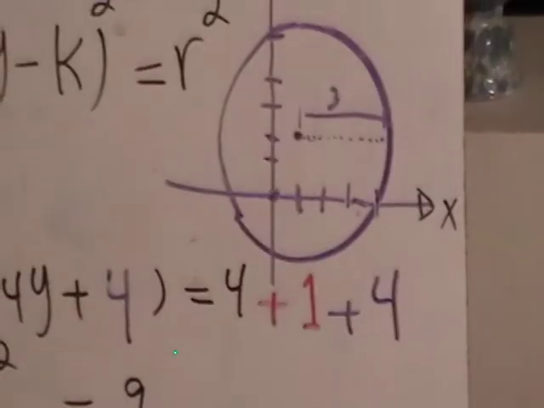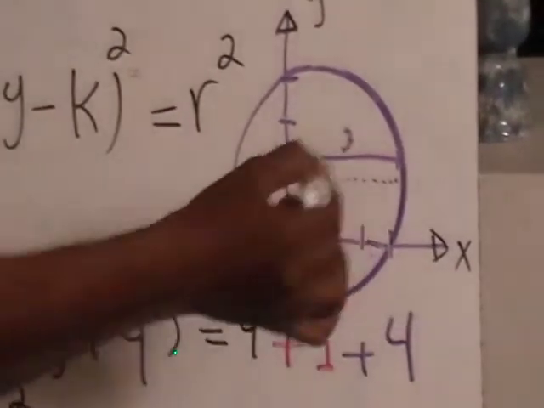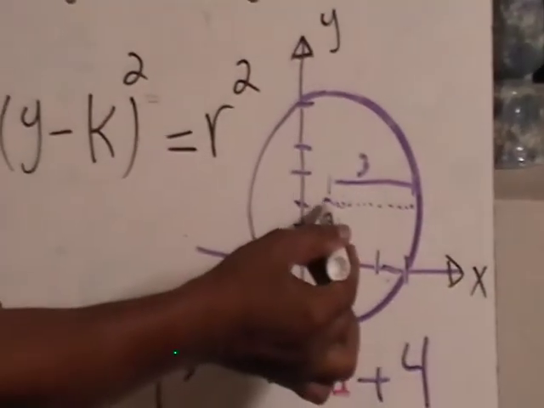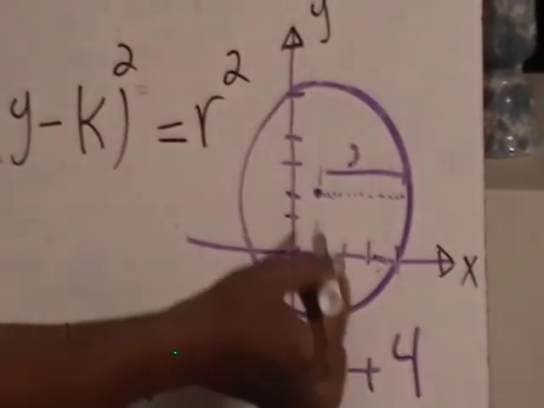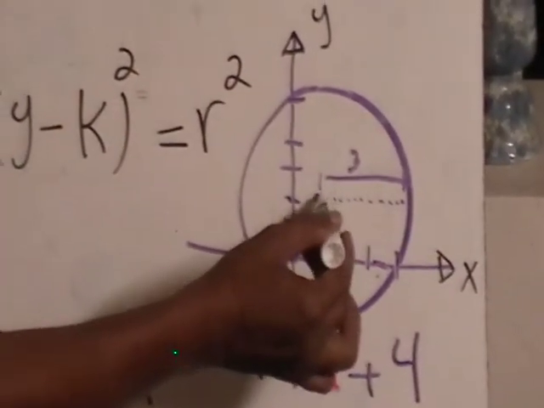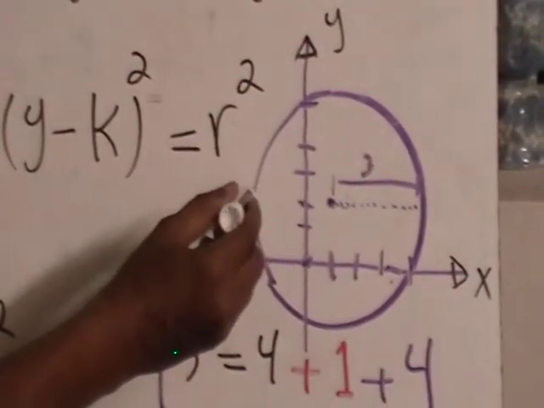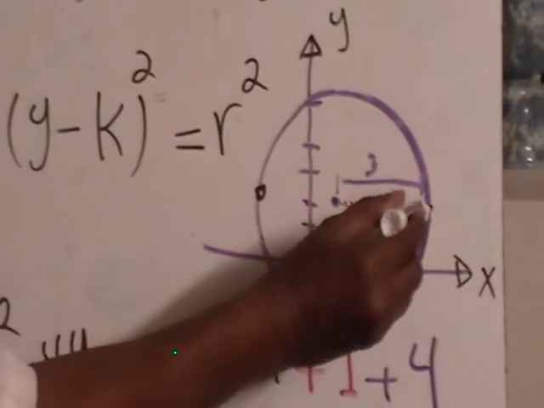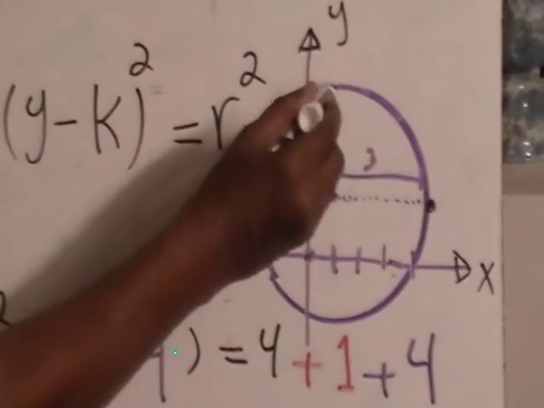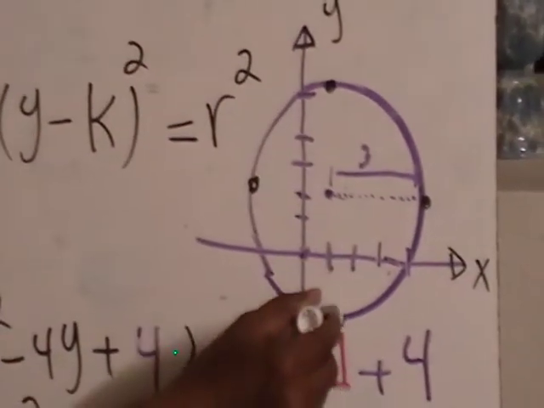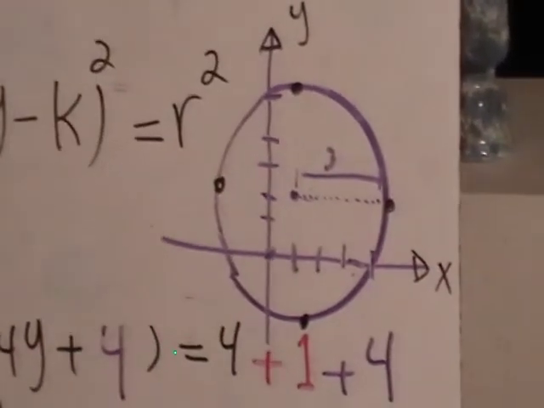So in order to graph the circle, which I already have for you here, I started by drawing the center for you here. Now going 3 units to the right, 3 units to the left, 3 units up, and 3 units down, and then I connect these points and make my circle.